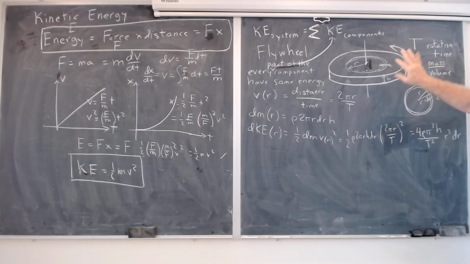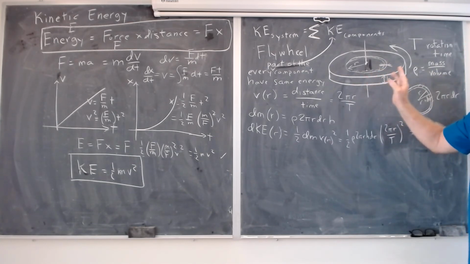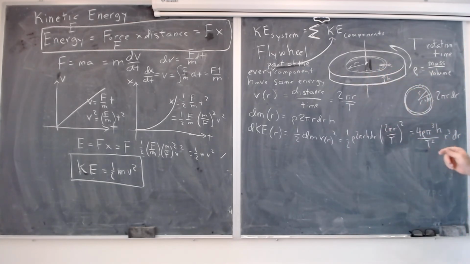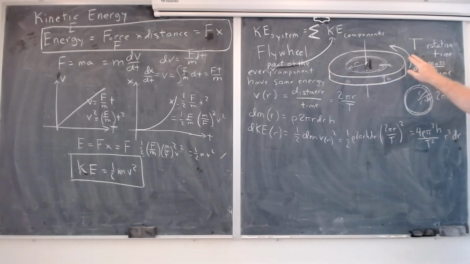Because every mass element of that edge of the can is moving at the same velocity, the kinetic energy is simply given by this, and then I would plug in dr, whatever it actually was. But what this is saying is that to calculate the kinetic energy of the entire flywheel, I simply sum up all the differential kinetic energy elements, and I perform an integral.